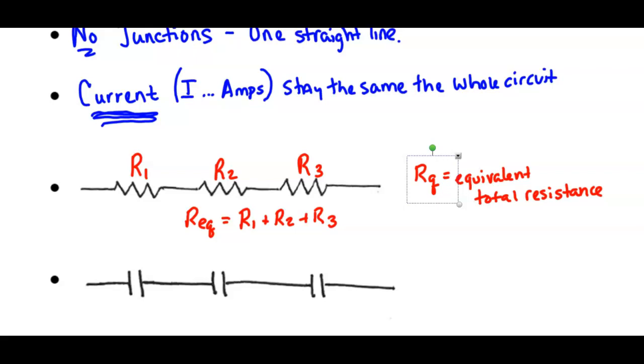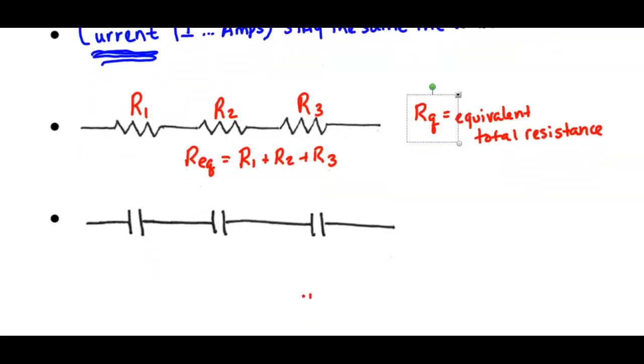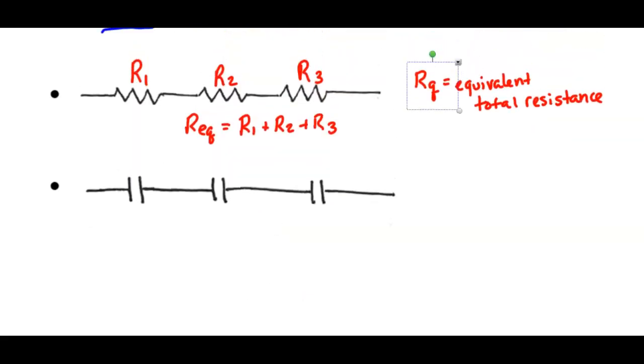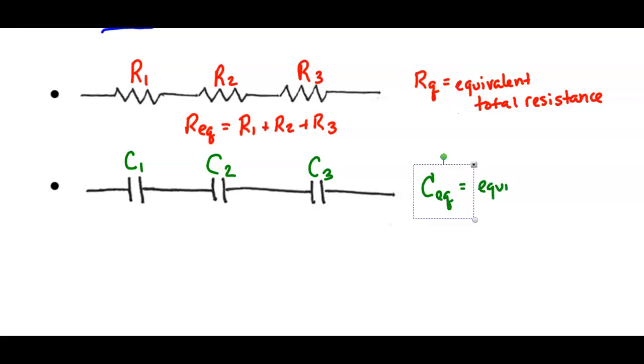Now, compare that to capacitance. I have 3 capacitors lined up in series. So, whoa, didn't mean to do that. I have capacitor 1, capacitor 2, and capacitor 3. If I want to look for my equivalent capacitance, it's a little bit harder.